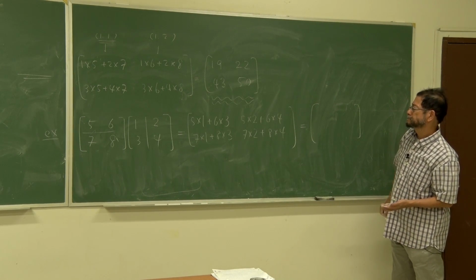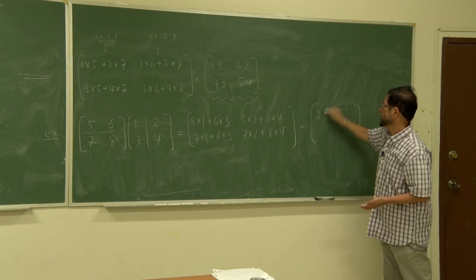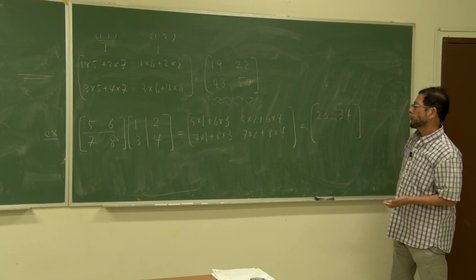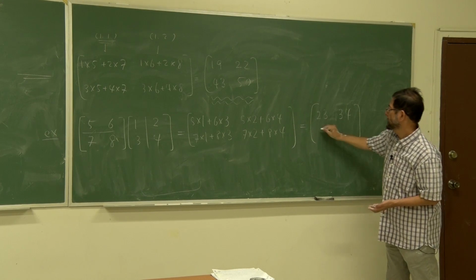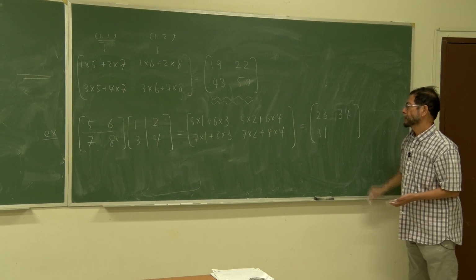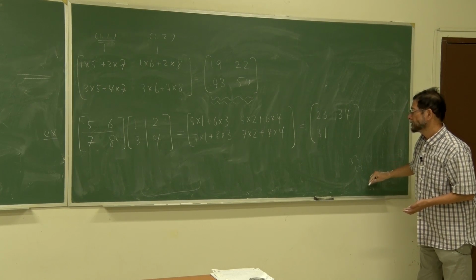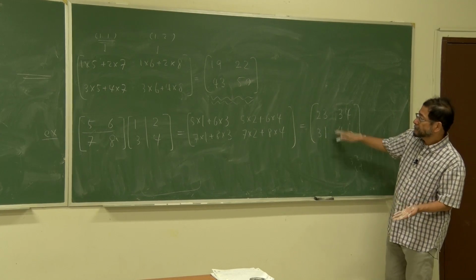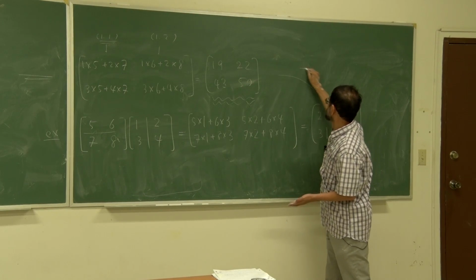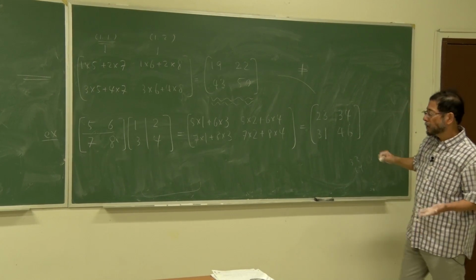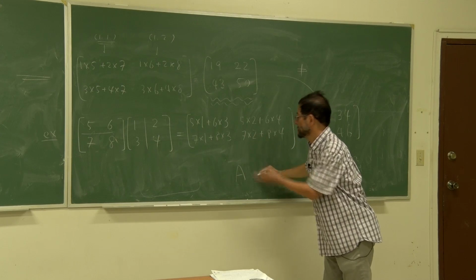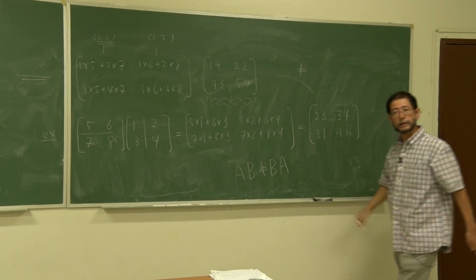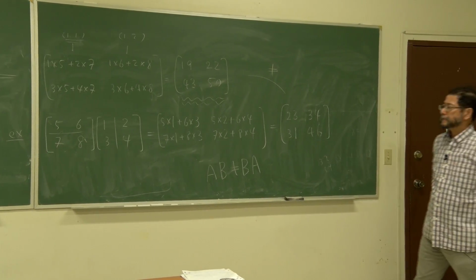So what you get is 23, 34, then 31, 32 plus 14, so 46. Now interestingly, the results are not equal. So if you call the two matrices A and B, they are not commutative. Okay, thank you.